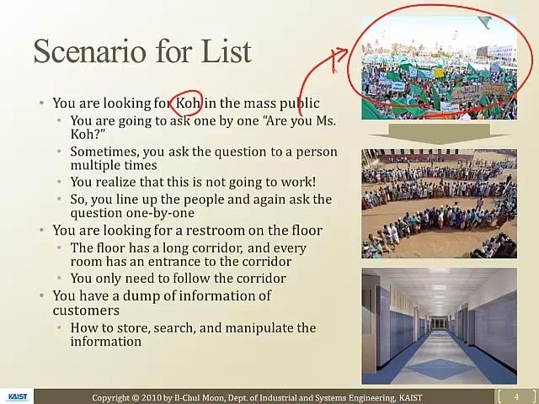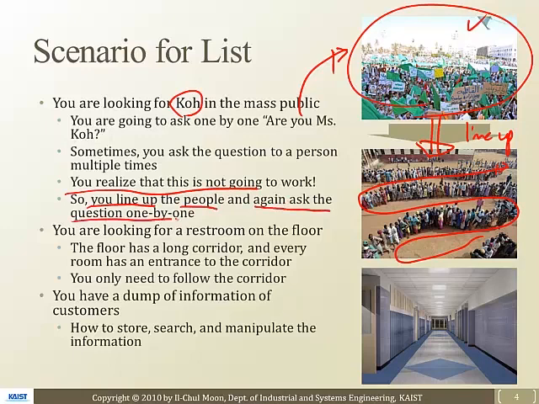After you have some order, you line up these people and write this down. You line up, and then you can ask around, are you Miss Go, in this order. Of course, it will take a long time, but it's way better than the previous case, right? Actually, you realize that the previous way is not going to work, so what you are going to do is line up people and again ask the question one by one.